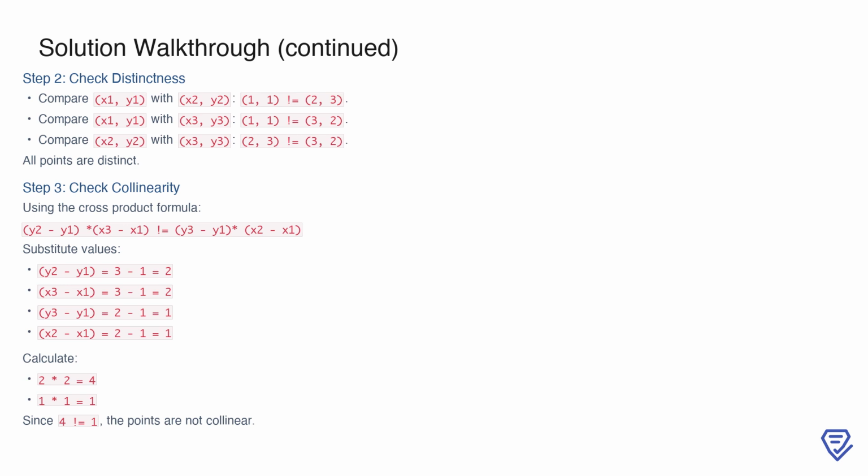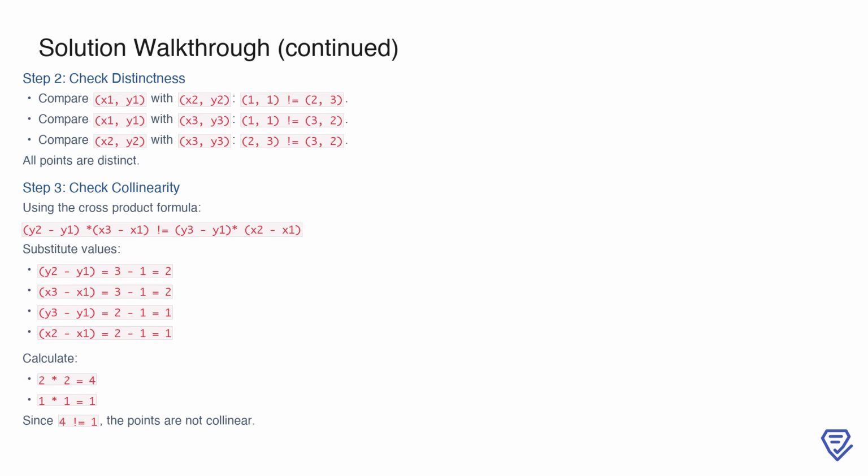Next, we move on to the collinearity check, which uses the cross-product formula to compare the slopes between the points. For the given points, we calculate the differences in the x and y coordinates. y2 - y1 equals 2, x3 - x1 also equals 2, y3 - y1 equals 1, and x2 - x1 equals 1.